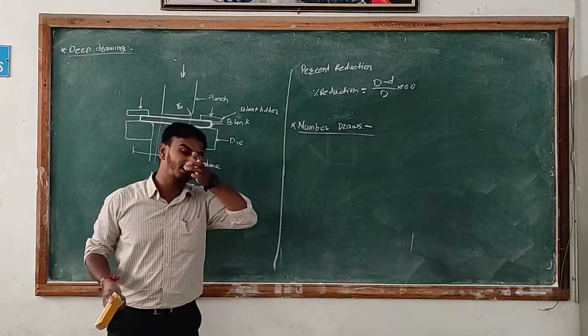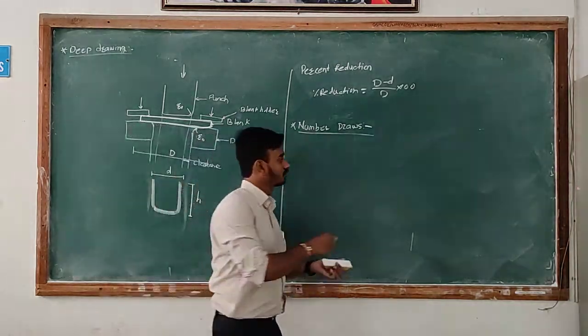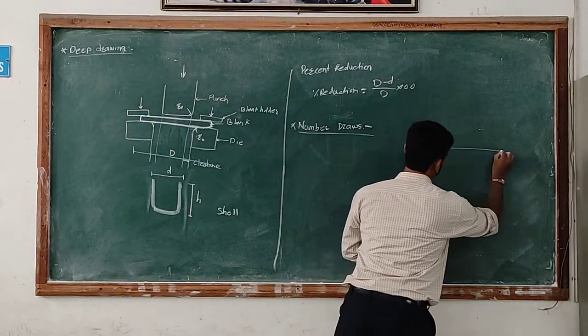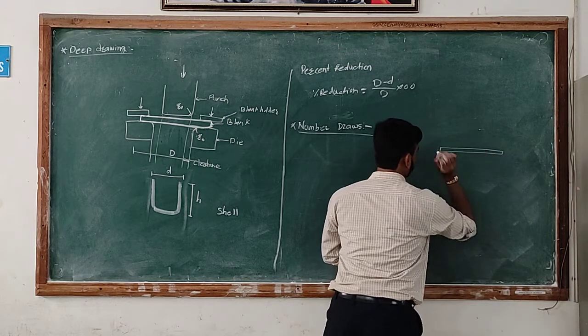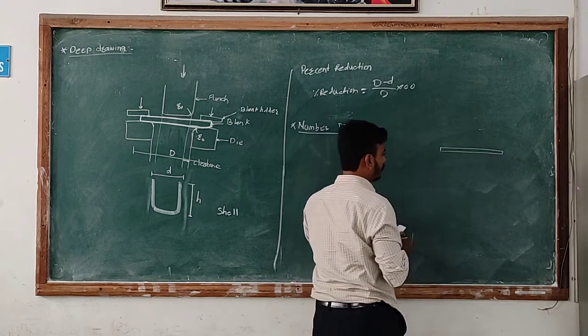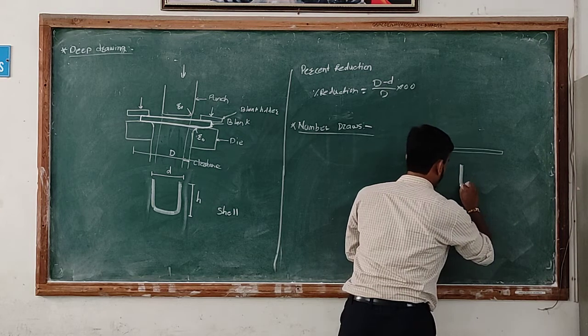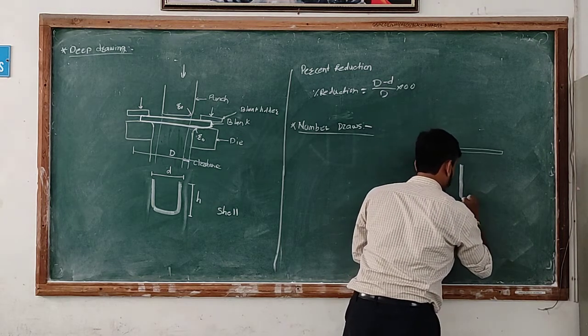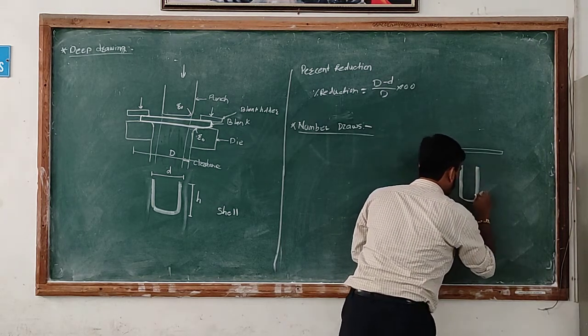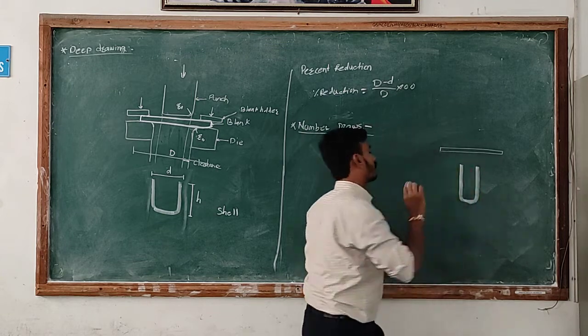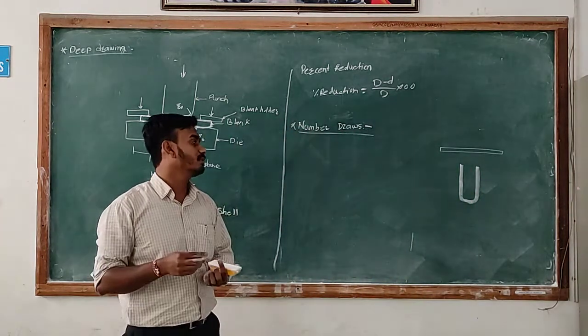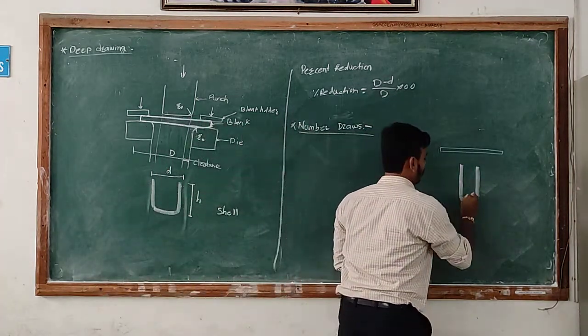Number of draws means, suppose this is my blank and I want to convert this blank into this type of curved shape. Suppose this is the first output.